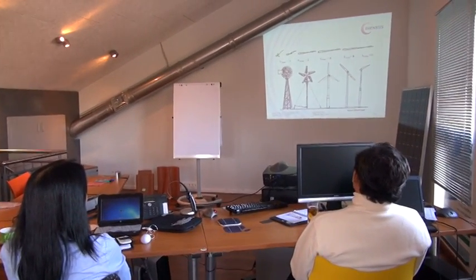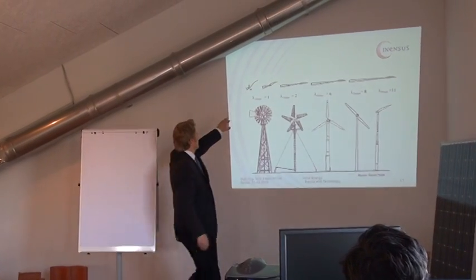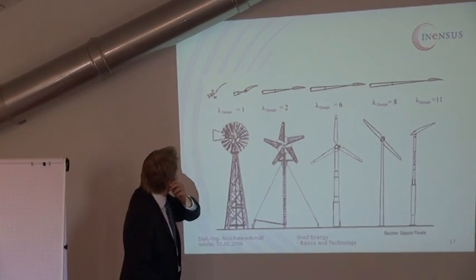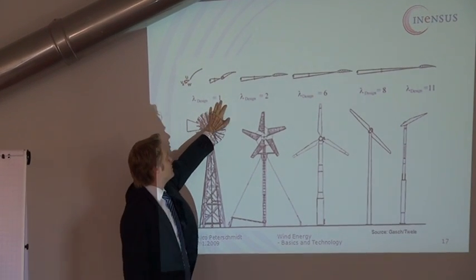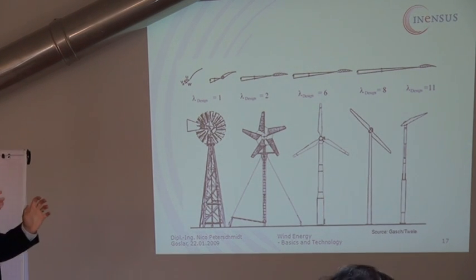And this lambda design here is the tip speed ratio, TSR. Tip speed ratio means the ratio between the speed of the tip of the blade divided by the airflow, the wind velocity.